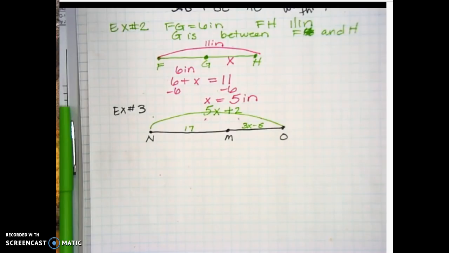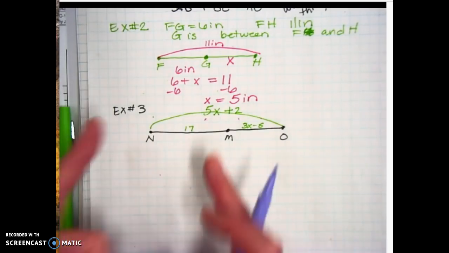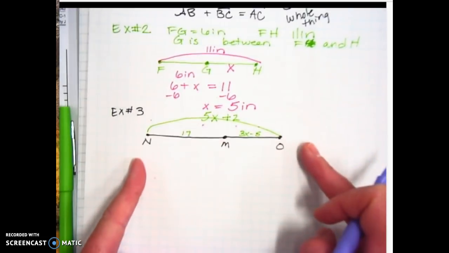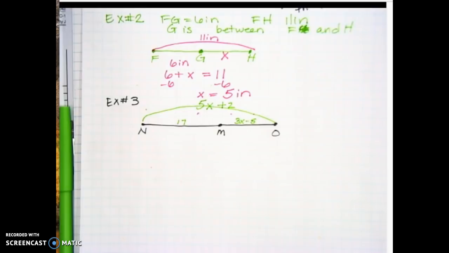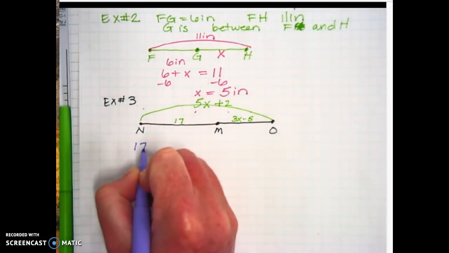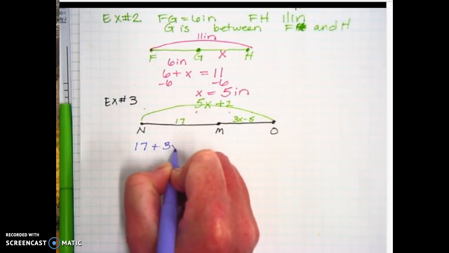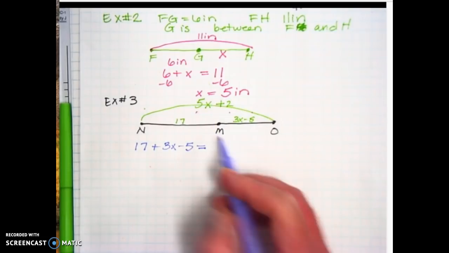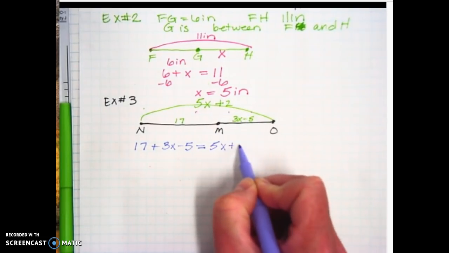All right, so we're going to use that segment addition postulate. We know that the first piece plus the second piece equals the whole thing. So we're just going to set up the algebraic equation. We're going to say 17 plus 3x minus 5 is equal to the whole thing, 5x plus 2.